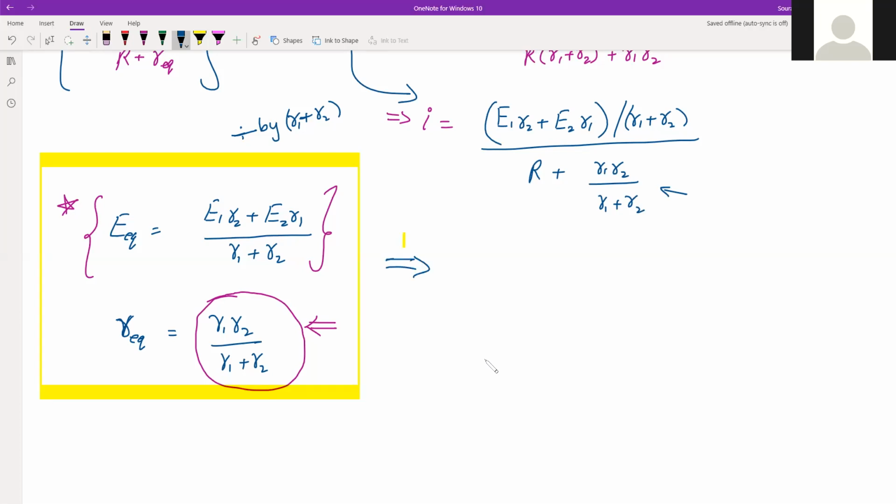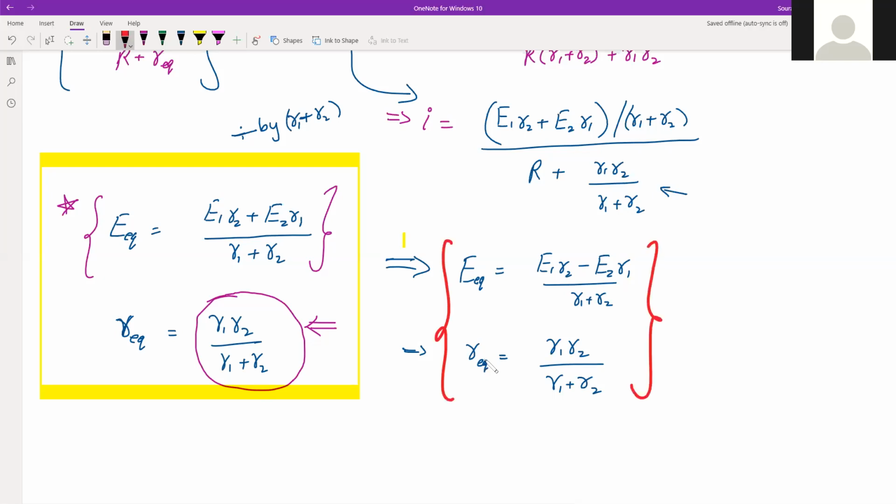The equivalent EMF will be equal to (E1 R2 minus E2 R1) if E1 is greater than E2, divided by (R1 plus R2). And this resistance will have no change. This is internal resistance, and the polarity doesn't matter there, so it will be the same.